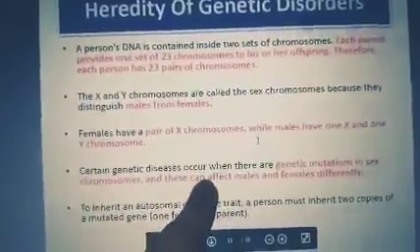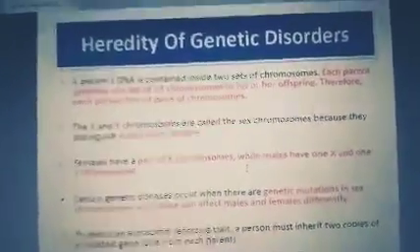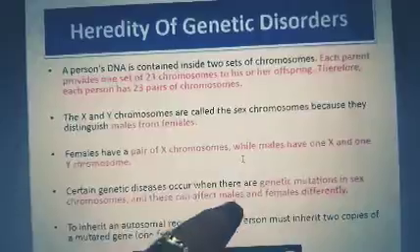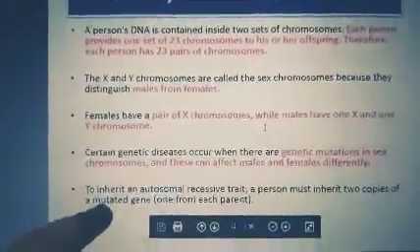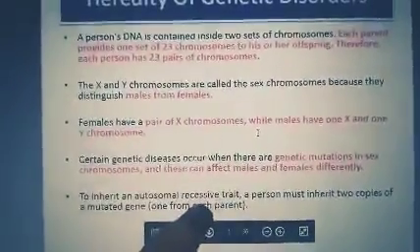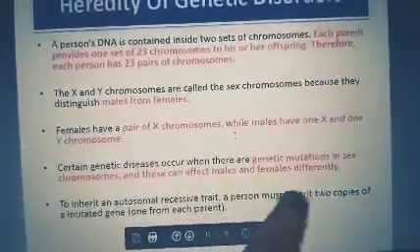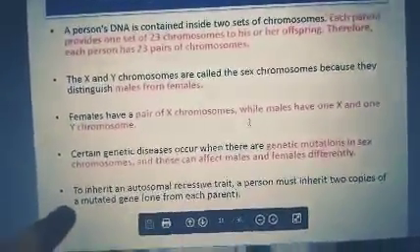Certain genetic disorders occur when there are genetic mutations in sex chromosomes, and these can affect males and females differently. Also, to inherit an autosomal recessive trait, a person must inherit two copies of the mutated gene. That is a very important parameter.